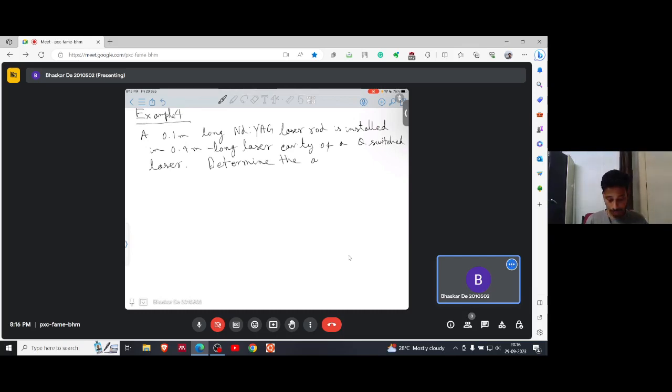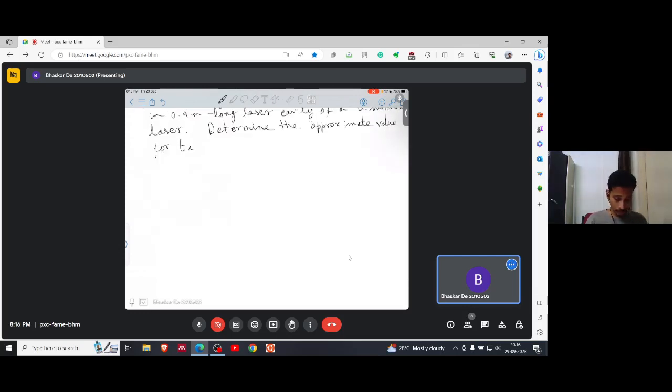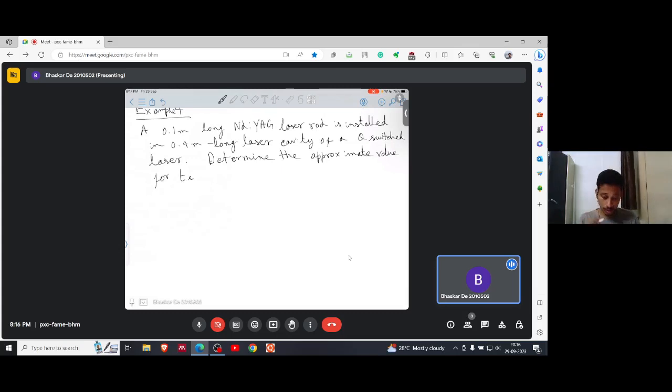Determine the approximate value for TS. So the problem is that a 0.1 meter long Nd:YAG laser rod is installed in a 0.4 meter long laser cavity of a Q-switched laser. So determine the approximate value of TS.